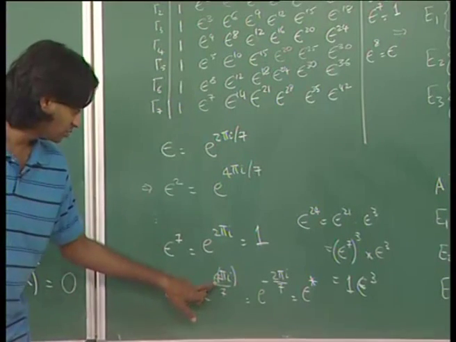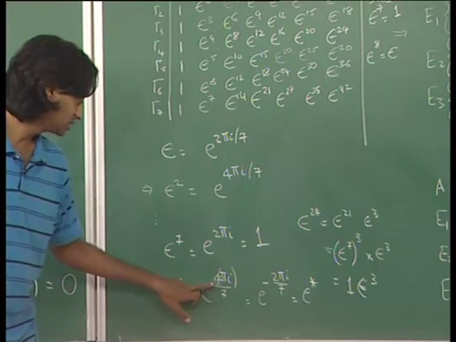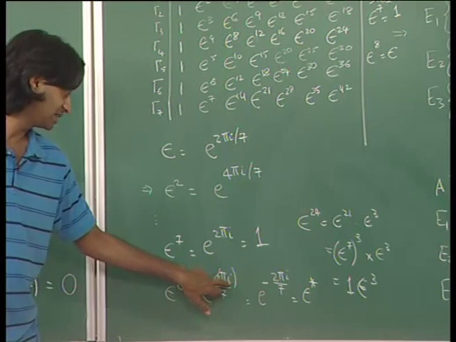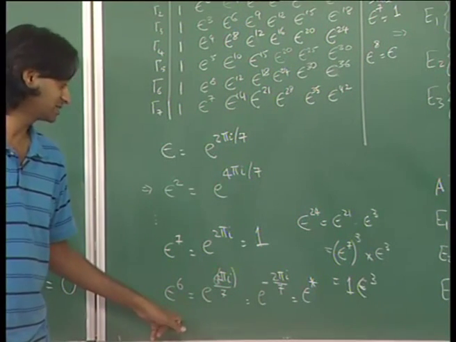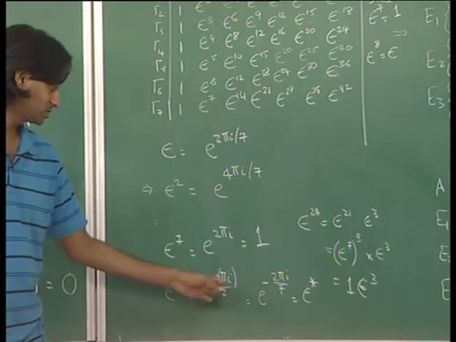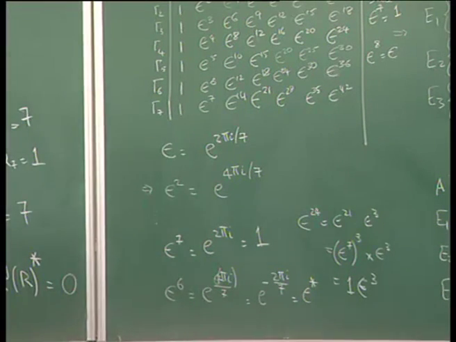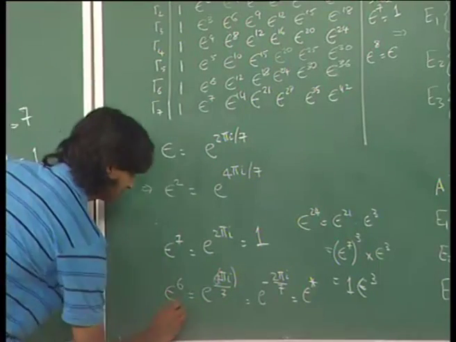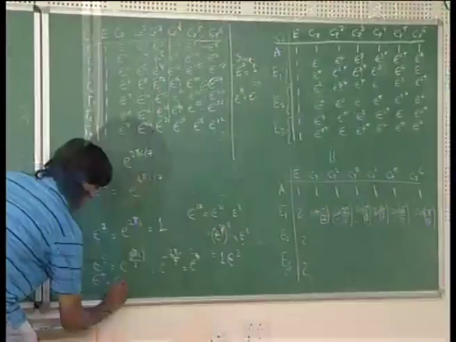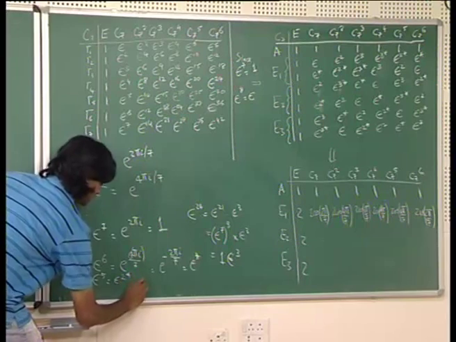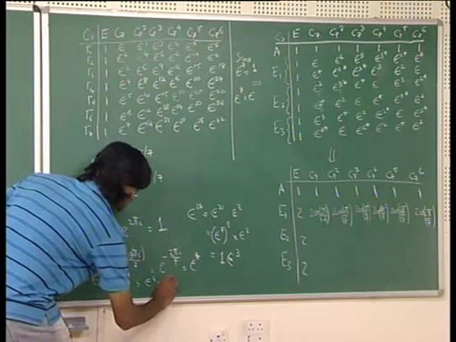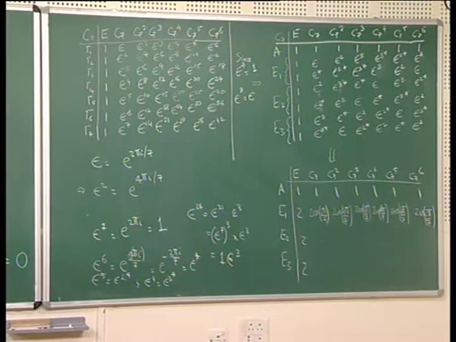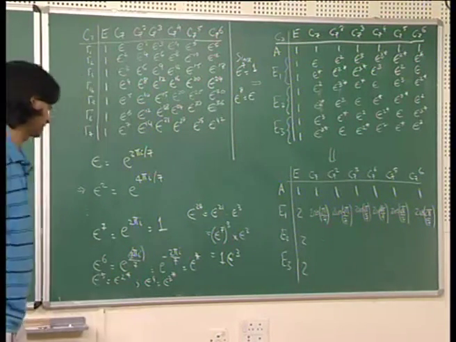You can easily see this, because 12 pi I by 7 is 14 pi I by 7 minus 2 pi I by 7. So, that is e to the minus 2 pi I by 7. So, you notice that epsilon 6 is epsilon star. Similarly, epsilon 5 is equal to epsilon 2 star and epsilon 4 is equal to epsilon 3 star. Here, star refers to the complex conjugate.